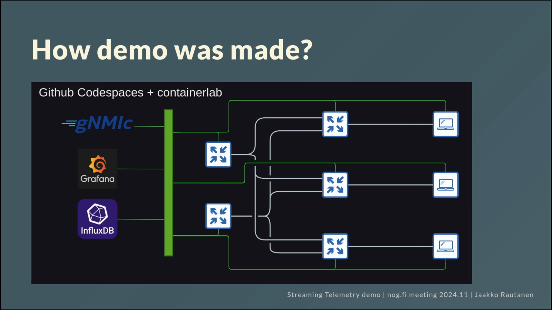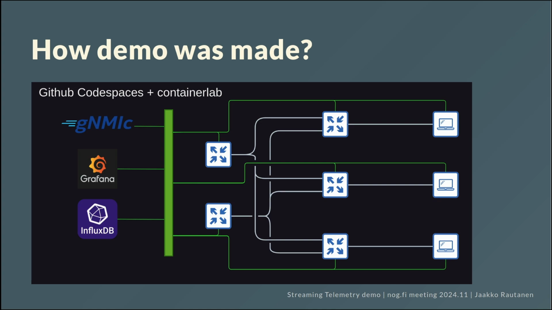Why Nokia? Just because they provide their image for free, and I mean without any registration. You can just pull it. So it makes it really easy to share this lab, and I'm gonna share this with you, so you can play with it. Then we have this green management network, which is connecting all these nodes together, and there is this telemetry stack.